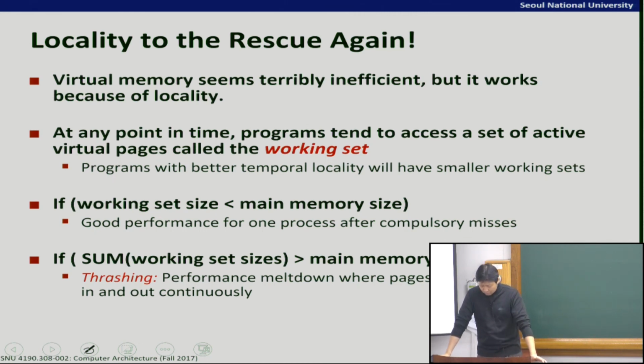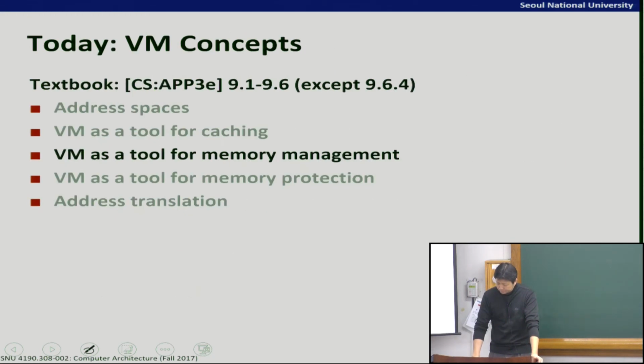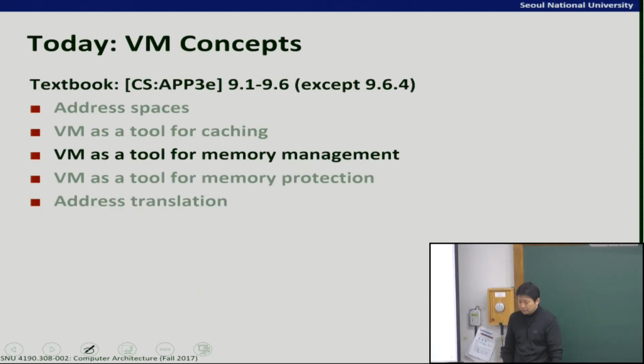Pages are swapped in and out between disk and main memory. That causes a lot of wasted memory traffic plus performance degradation. So that's how VM works as caching.